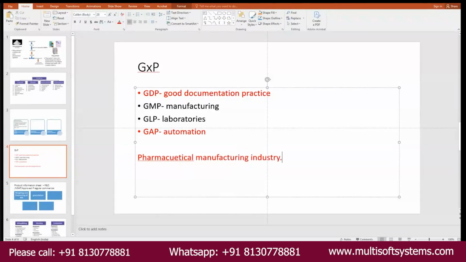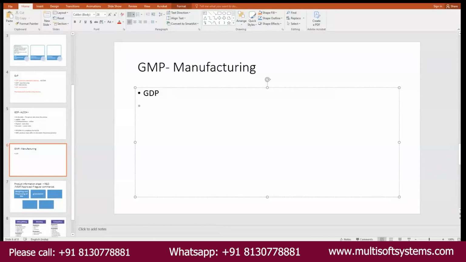In the pharmaceutical manufacturing industry, the main important thing is the GXP concept. Whether it is manufacturing or laboratory, automation and good documentation practice. So this is the first, manufacturing practice, and the second one is equipment practices.